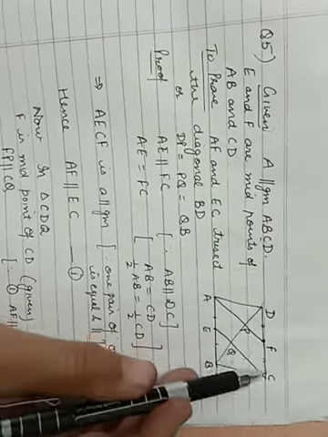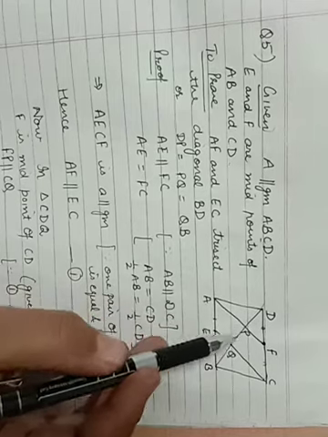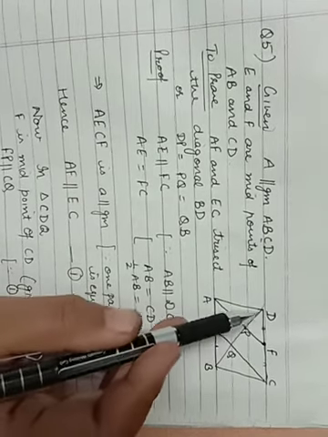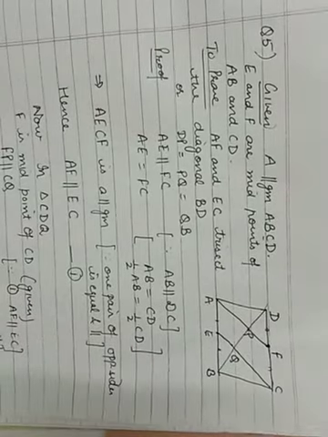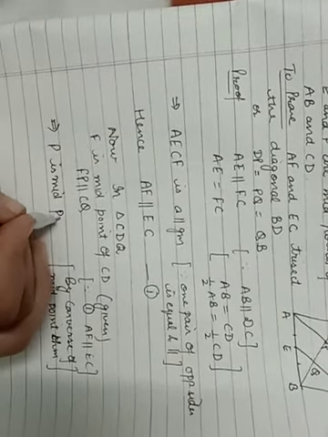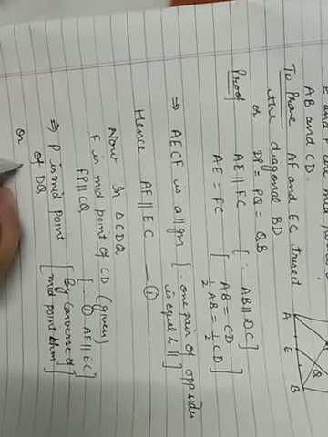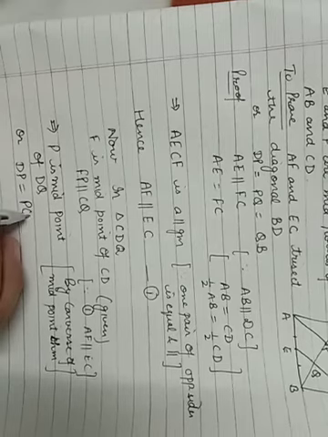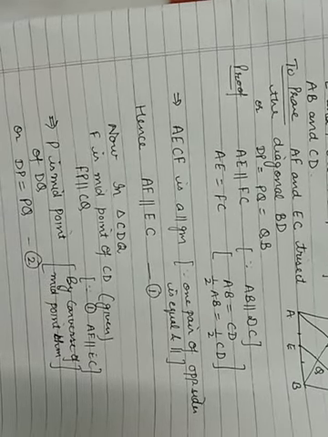F is the midpoint of CD, FP is parallel to the second side, then the third side, this P, will be the midpoint of DQ. Right? P is the midpoint of DQ, or we can say DP is equal to PQ. Call this equation number 2.